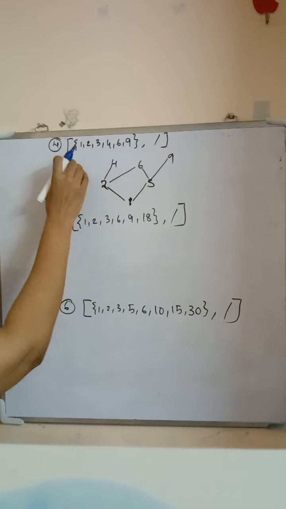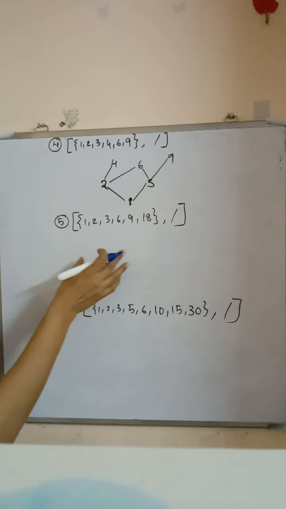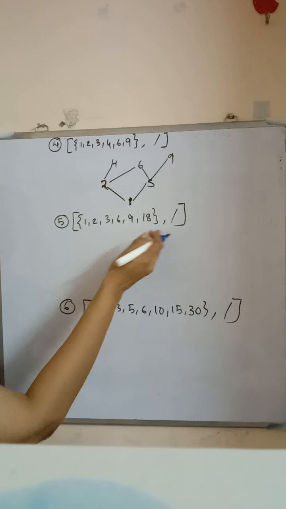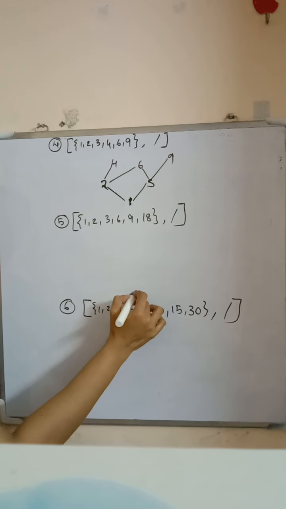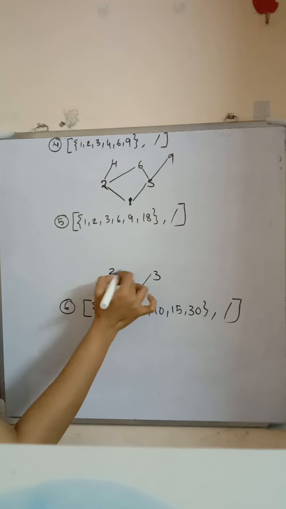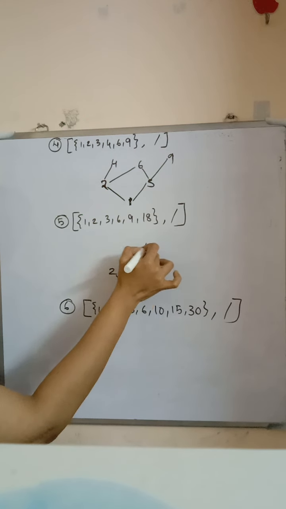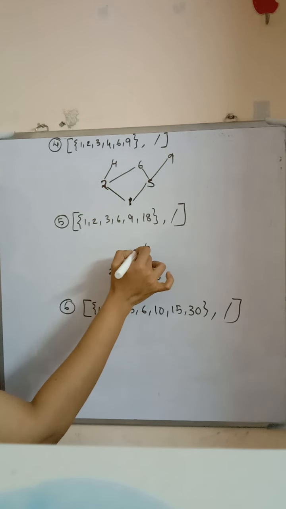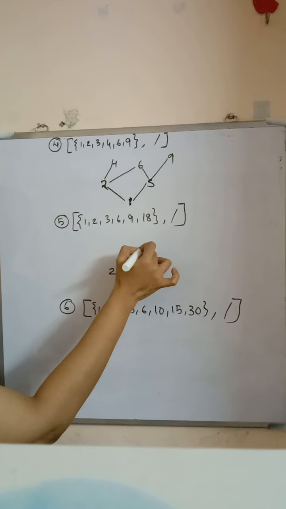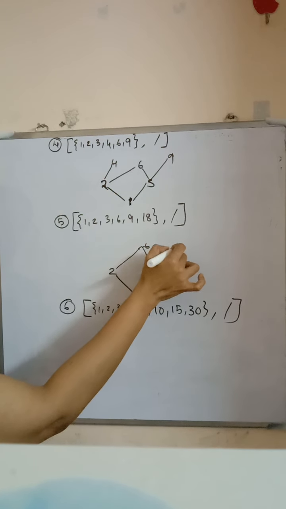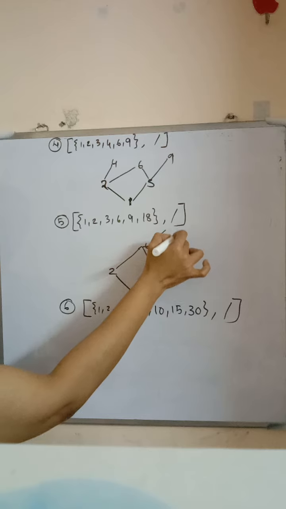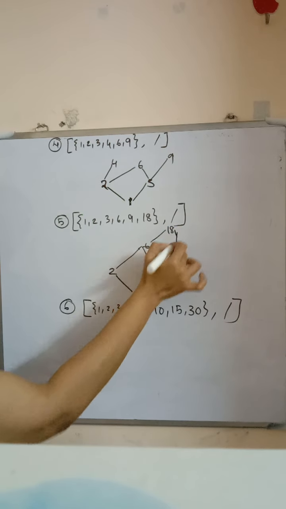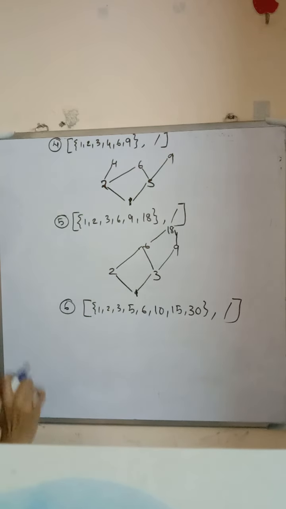Okay, this is the diagram of this poset. Here also divides: 1 divides 2, 1 divides 3, 2 divides 6, 3 divides 6, also 3 divides 9, and 6 and 9 divide 18. This is the Hasse diagram of this poset.